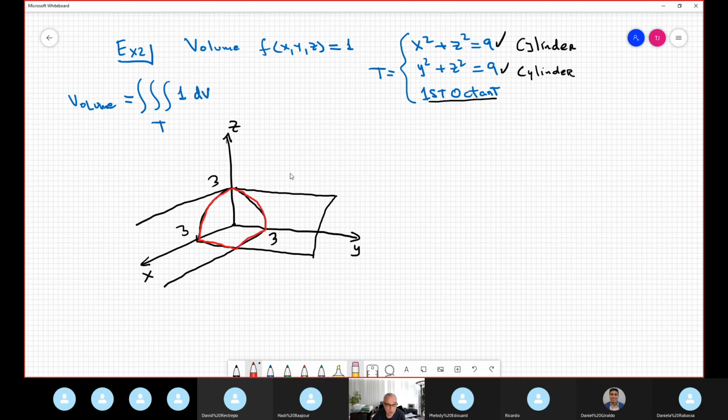However, I can see something in the intersection. I don't know exactly what the equation of this is. It's something like that, my solid. Make sense or no? It's a rough sketch. I am not sure.